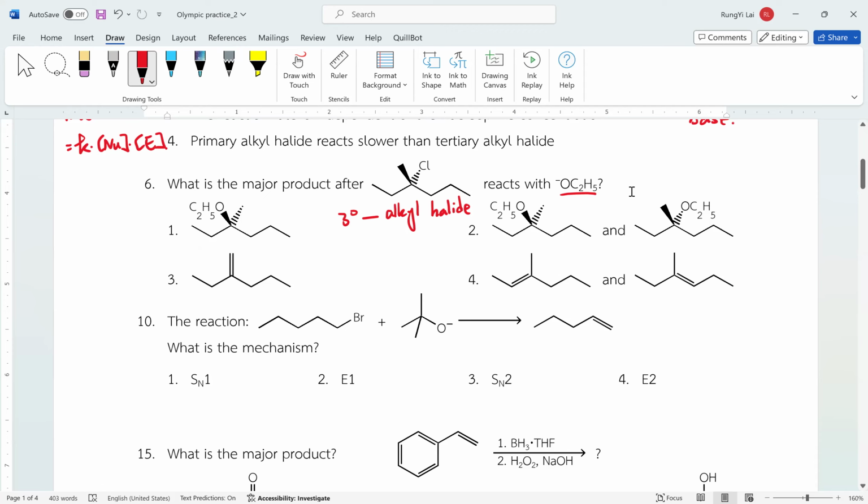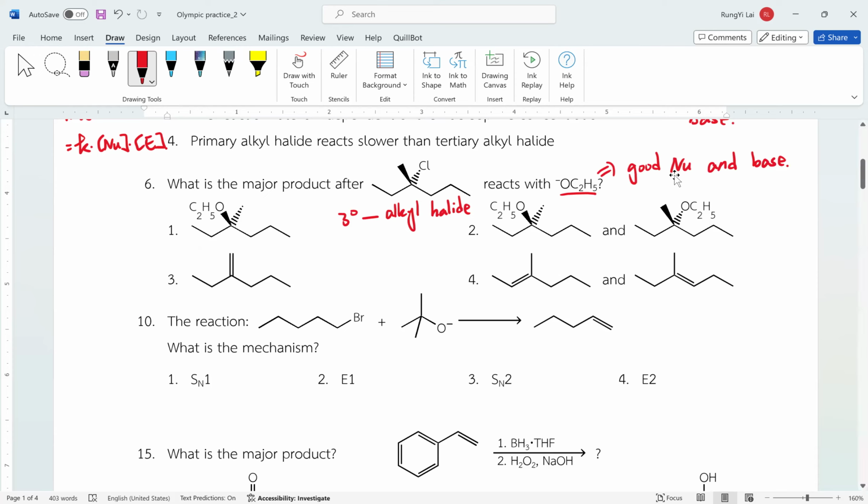This ethoxide is a very good nucleophile and base. Okay, so it depends on which one it is. When you learn nucleophilic substitution and elimination, you learn they are always competitive.